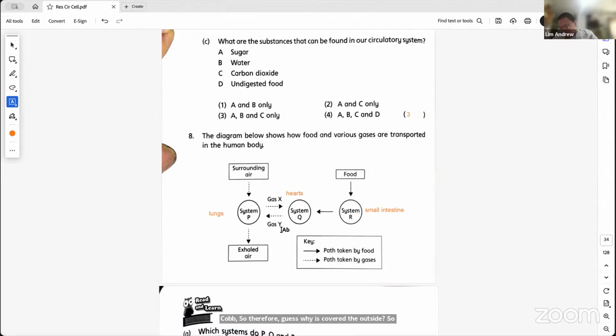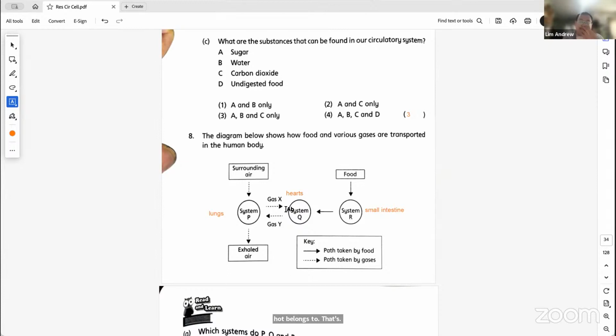So what is system P? System P is actually the respiratory system, all right? Because it takes in oxygen and removes carbon dioxide from the body. What is system Q? System Q, because heart. Which system does the heart belong to? The answer is Q is circulatory system.